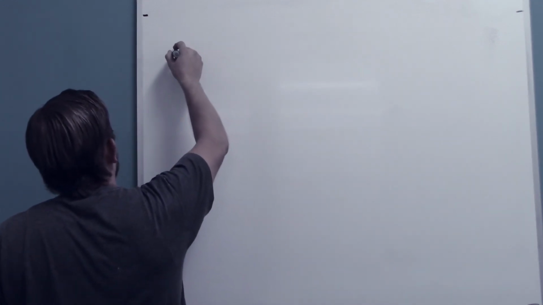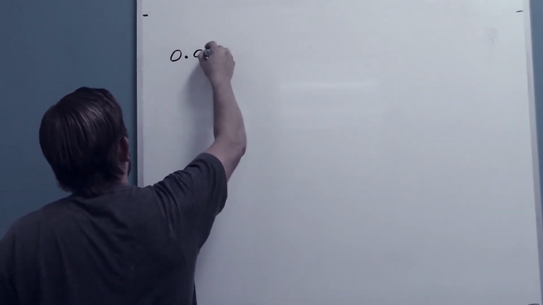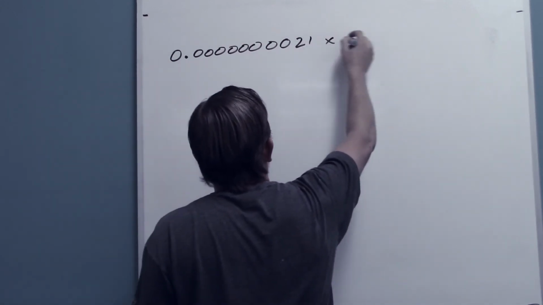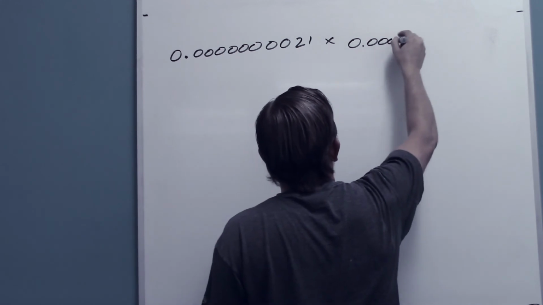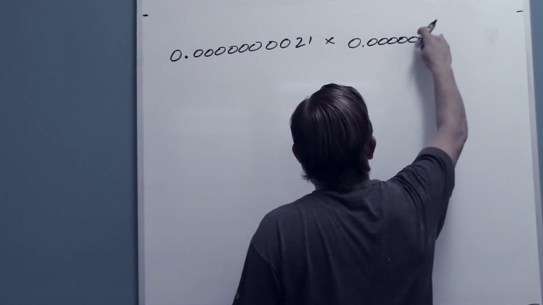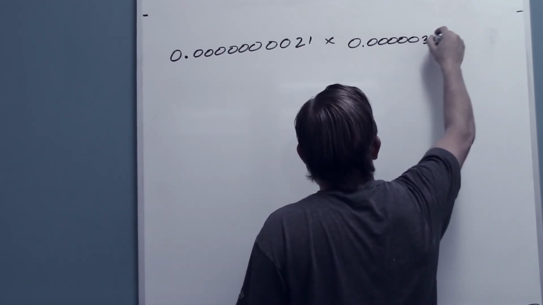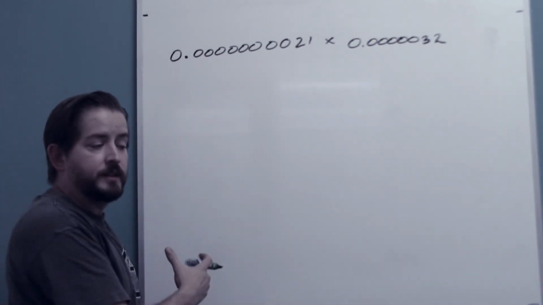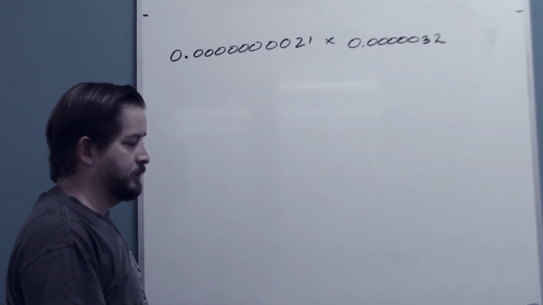Let's take a look at, let's say, 0.00000000021 multiplied by 0.0000032. Again, just like I just did, I'm going to rewrite these in scientific notation.